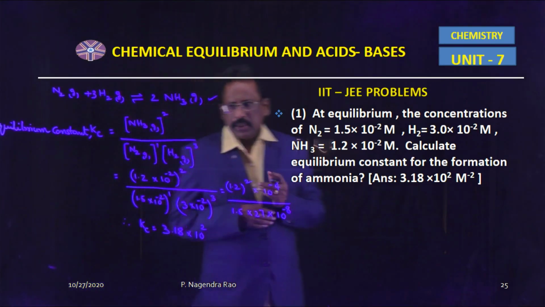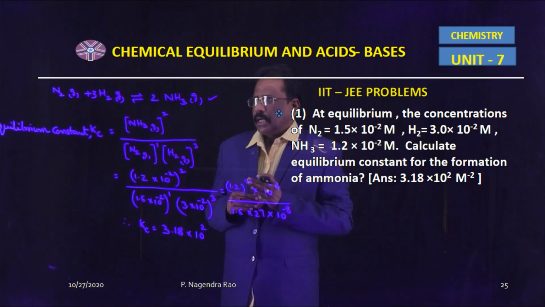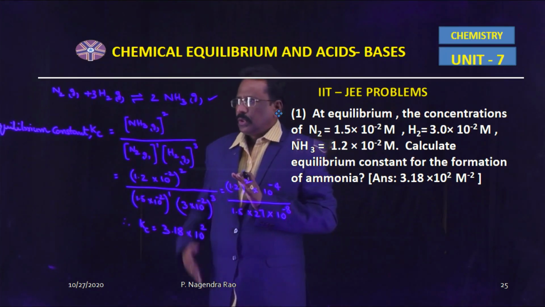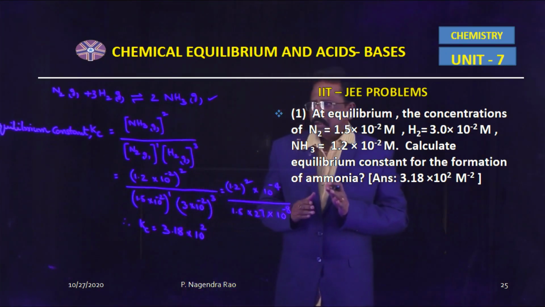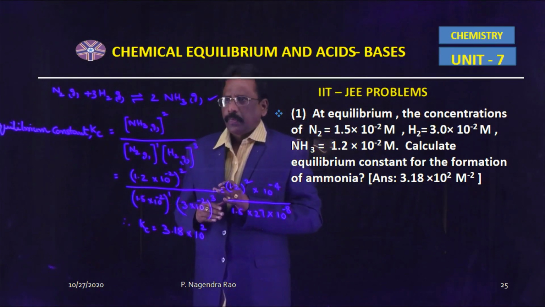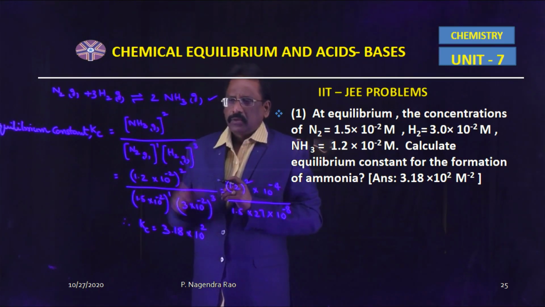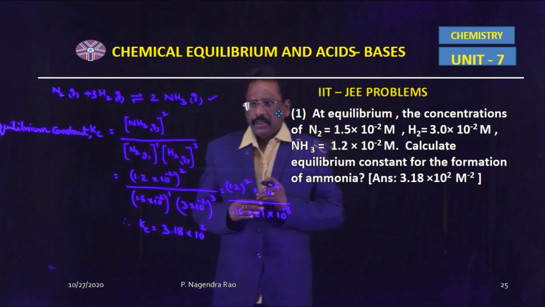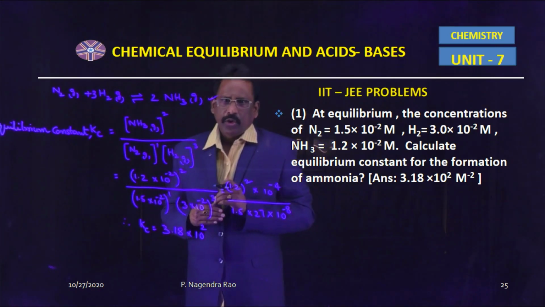So, if you know the concentrations of the reactants and the products for the given dynamic equilibrium reaction, according to law of chemical equilibrium, the equilibrium constant in terms of concentration is equal to the products' active mass raised to the power equal to the stoichiometric coefficient divided by the reactants' active mass raised to the power equal to the stoichiometric coefficient.